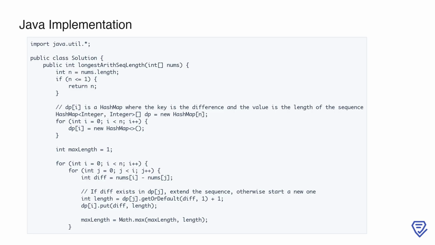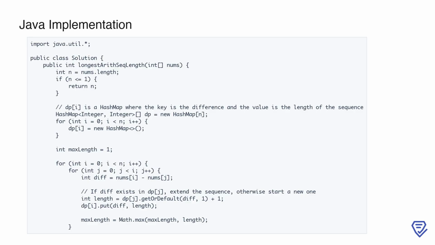Here, we start by importing the necessary Java utilities and defining our Solution class. The main function, longestArithSeqLength, takes an array of integers as input. The first step is to handle the edge case where the array has one or no elements. In such cases, the length of the longest arithmetic sequence is simply the size of the array. Now, to solve the problem, we use a dynamic programming approach.